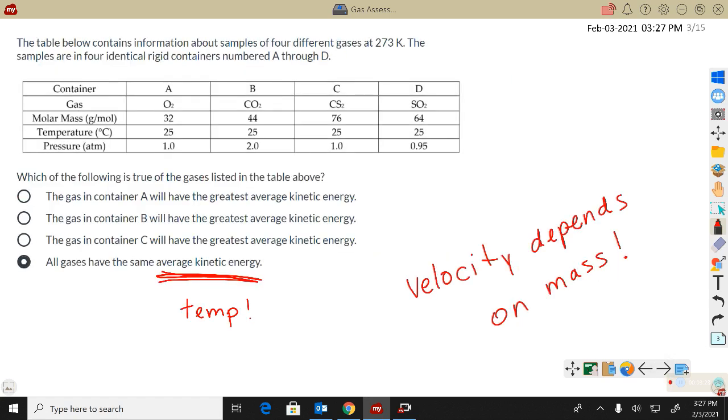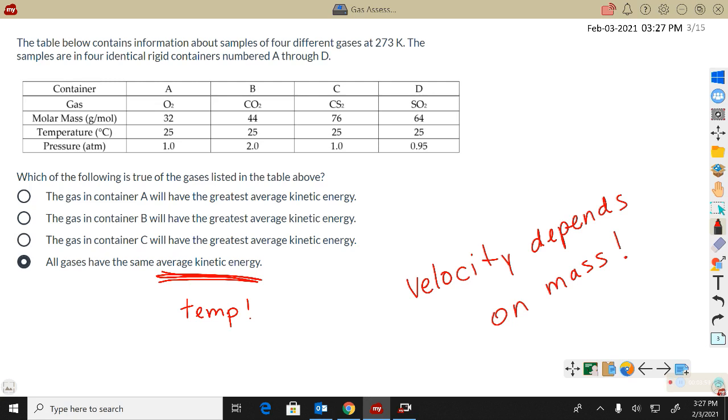Same for gases. Which of the following is true of the gases listed in the table? These are all referring to average kinetic energy. Average kinetic energy refers to temperature. So as long as these gases are at the same temperature, they have the same average kinetic energy. That's like the force being applied upon these particles.